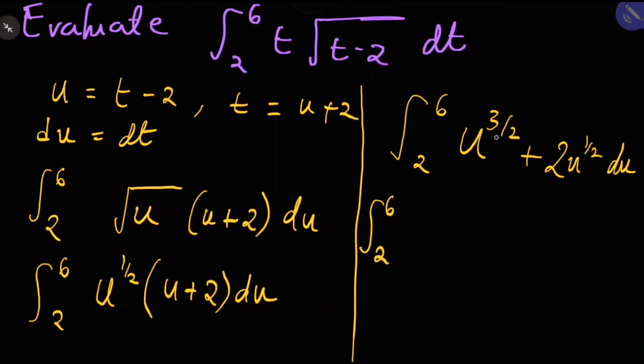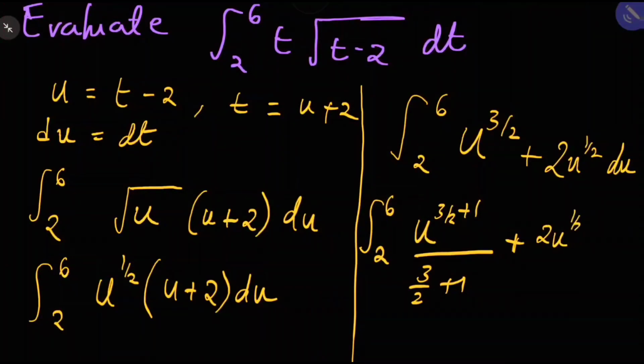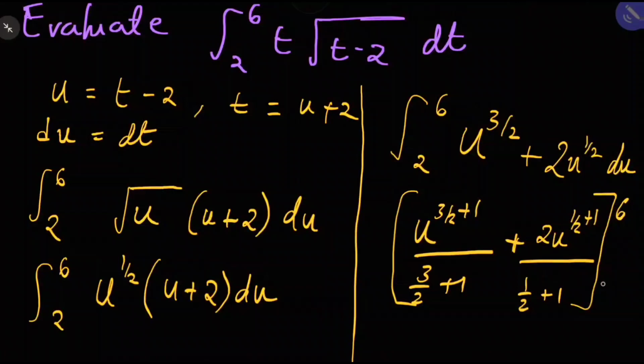This would be u raised to power 3 over 2 plus 1, all over 3 over 2 plus 1, and this would be 2 u raised to power half plus 1, all over half plus 1, instead of du, and this expression goes from 6 to 2.